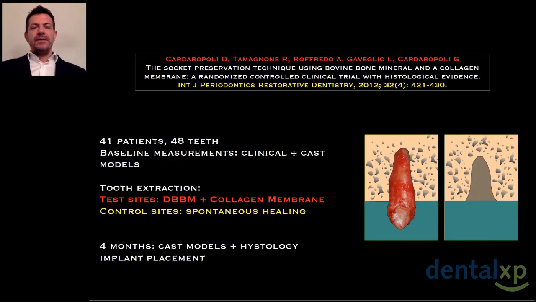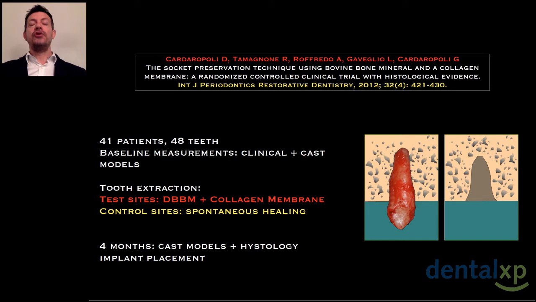We performed a randomized controlled clinical study that was published in 2012 in the International Journal of Periodontics and Restorative Dentistry. We evaluated 41 patients for a total of 48 teeth that were hopeless. They were extracted and divided into 2 groups of treatment, test group and control group.